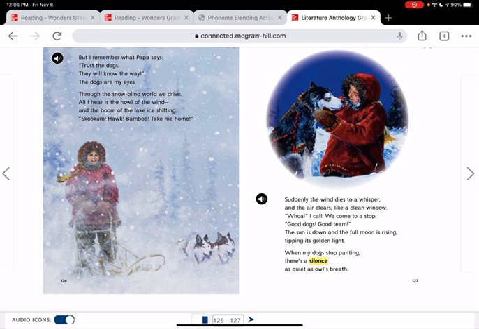So now the narrator is going to use the dogs to go home because her papa said, trust the dogs.